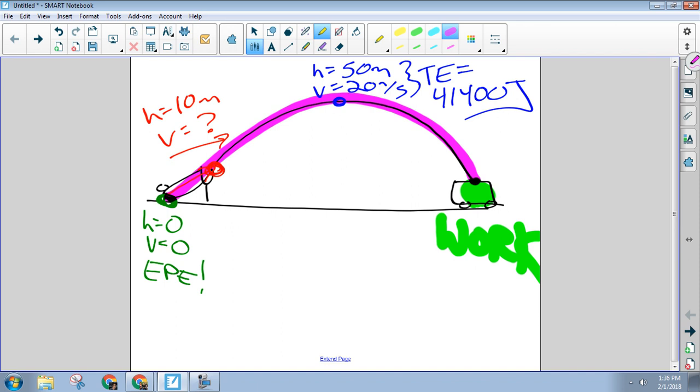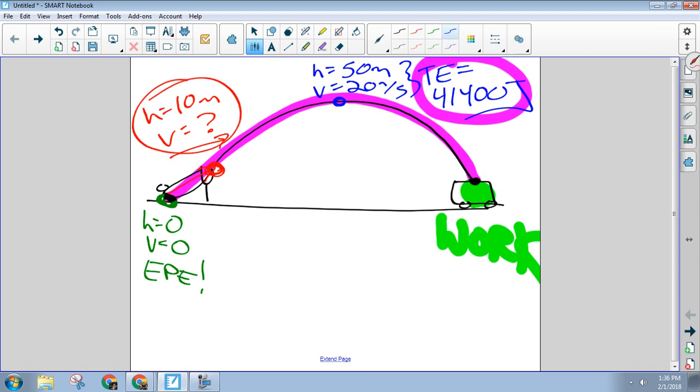So for that whole chunk, there's my total energy. Follow? So now up here at the red, we know our height, so we can find the GPE. We know the total energy, so we can subtract to get the KE and find the velocity. Good?